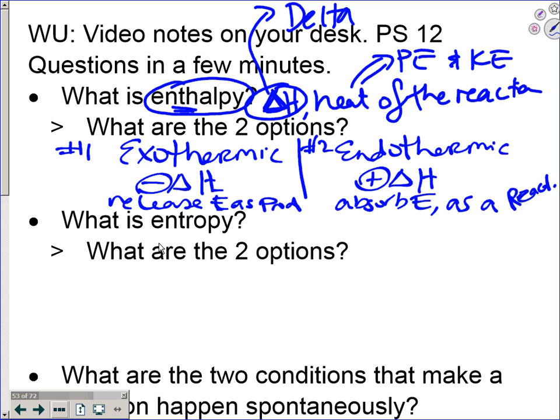Negative or positive? Negative. Negative means exothermic. Or I can write energy being utilized, used, and I'm going to add it to the reactant side to show that it needs to be actually put into the reaction to get it to start.